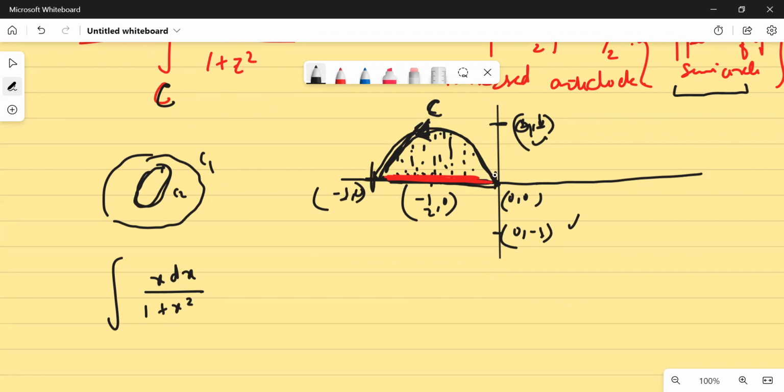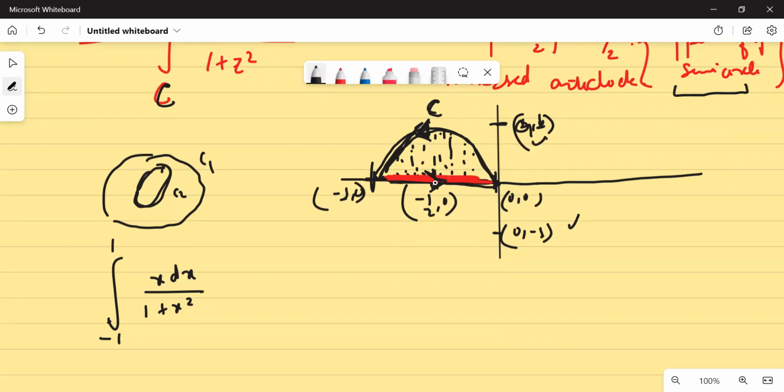From where to where? You are doing a counterclockwise traversal, so here it will go this way. So it will become an integration from -1 to, sorry, 0. Okay, what will it become?